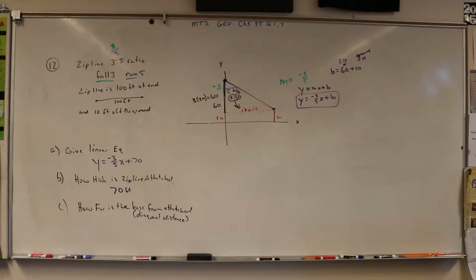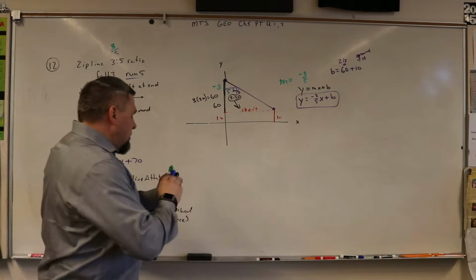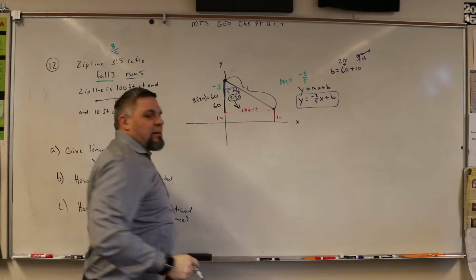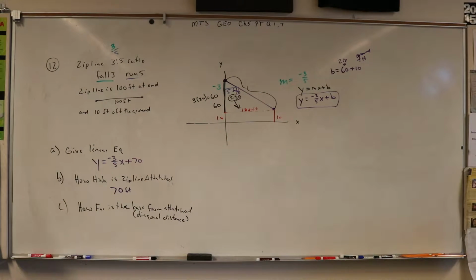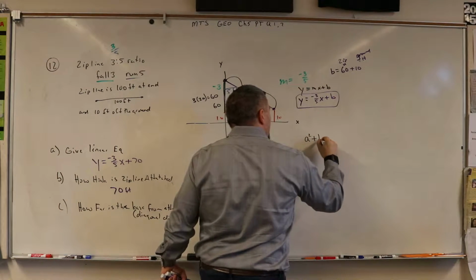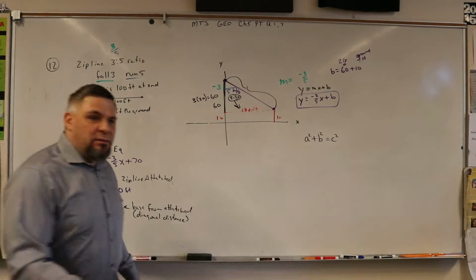Now they want to know what's the diagonal distance. In other words, how do we figure out this piece right here? For that one we go back to a squared plus b squared equals c squared, the Pythagorean theorem.